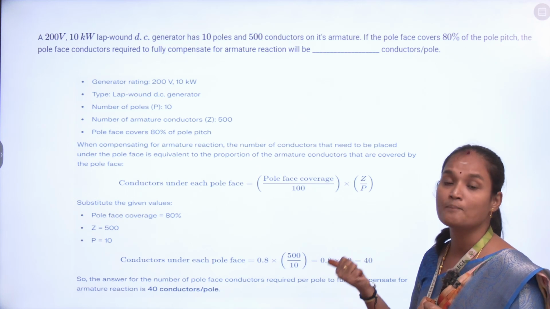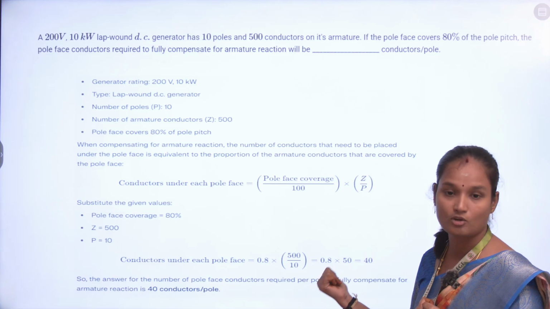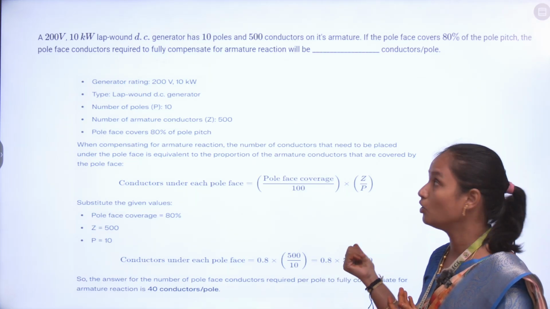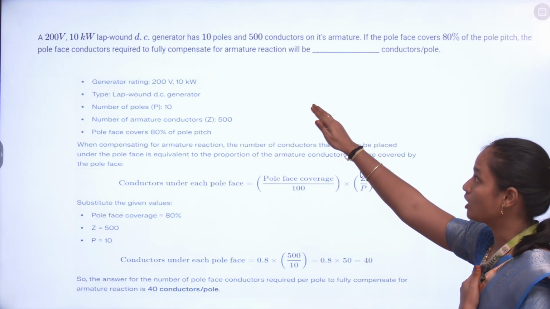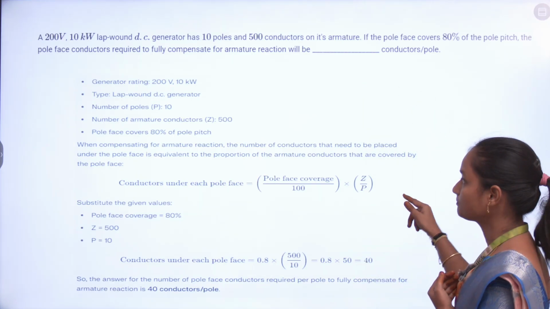Since it is a lap winding, A is equal to the number of poles, which is 10. If you substitute that, you get 40. So for the armature to be fully compensated, your conductors per pole will be 40.